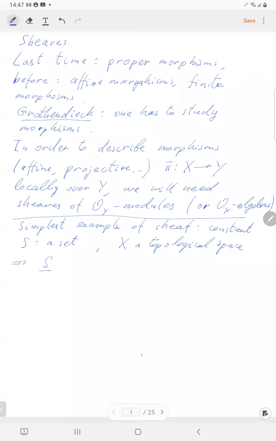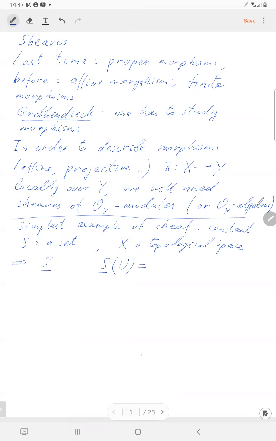So I have to say what the sections are, right? Maybe somebody knows what the sections are.